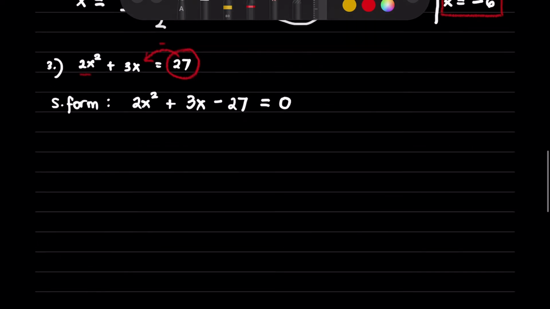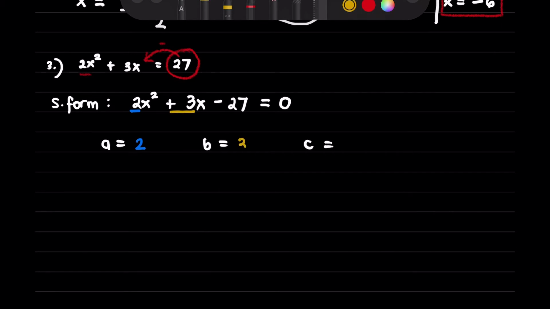Next. Once na naka-standard form na siya, hanapin na natin yung values ng A, ng B, at saka ng C. So, yung value ng A mo, ito yung katabi niya yung x squared. So, that is 2. Yung value naman ng B mo, ito yung katabi niya yung x.